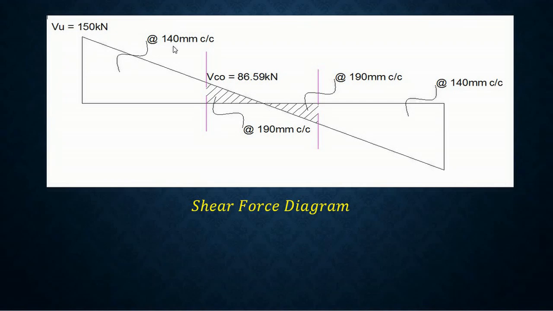Already we have decided the spacing at the supports for the vertical stirrups is 140 mm center to center, and here also it is 140 mm center to center. And for the mid span portion, the variation is like this. So the highest value is VCO equal to 86.59 kilonewton. Here the spacing between the vertical stirrups is 190 mm center to center.